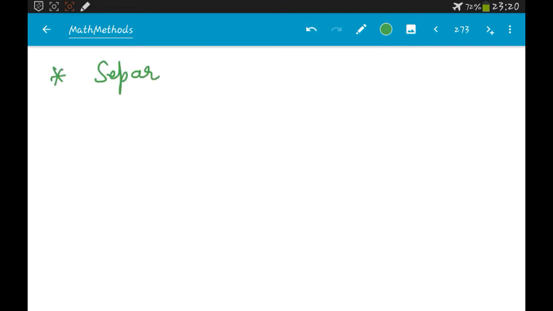So the problem that we solved just now is an example of a separable equation. Why is it separable? Because we could keep all the x variable terms on one side and all the t variable terms on the other side.